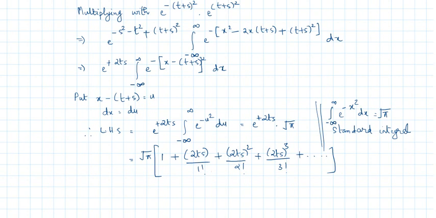If you now have a close look at the terms in the square bracket, you have ts in the first term, t square s square in the second term, t cube s cube in the third term. So every term involves t and s with the same powers.